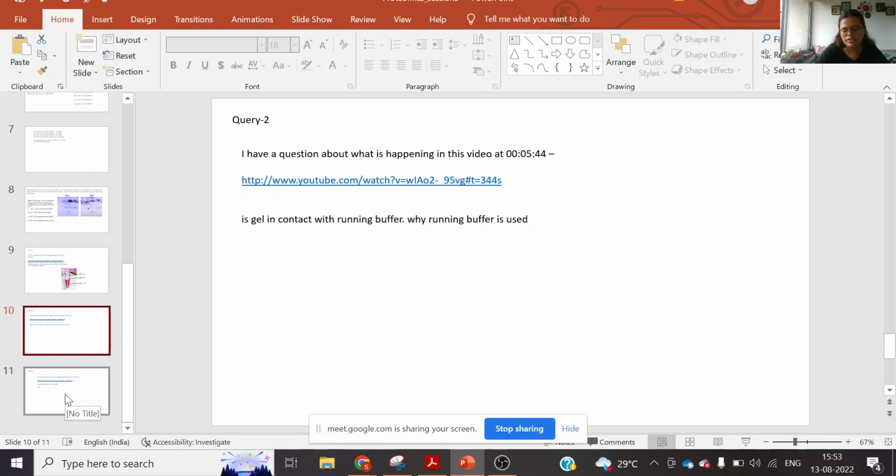It will go down whenever you are loading, it will not come up. So that is taken care of, and that is why the contamination does not happen. If you forgot to add that loading buffer along with your protein, then this could definitely happen.